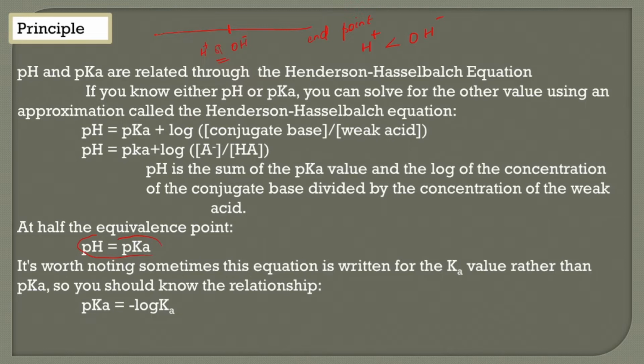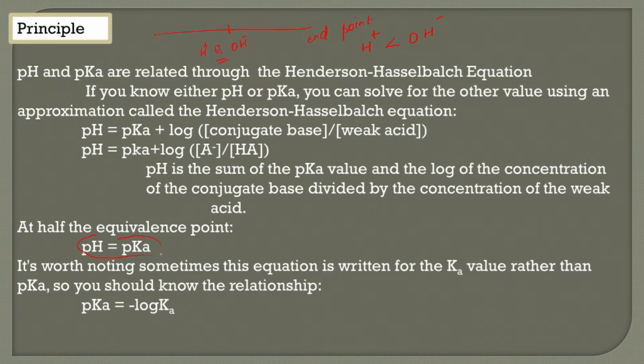So, for understanding the pKa of an acid, we only need to note the pH at that particular volume of the base that we added. At that point, whatever pH we got will be its pKa.